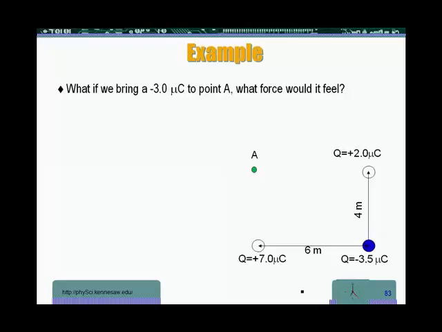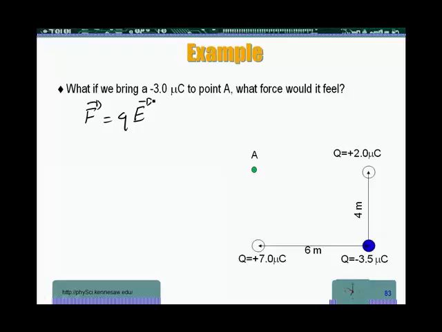Okay, now the next question is asking us, what if we bring a -3 microcoulomb charge to point A? What force would it feel? This is the nice thing. Now, it is a negative charge, which means, remember, F is equal to QE, which means it's going to be opposite in direction to the direction of the electrical field.